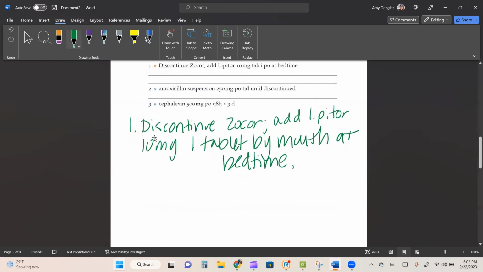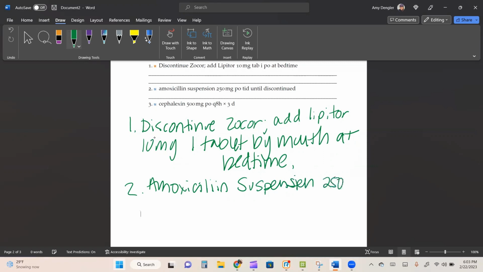And then number two, unless it says like discontinue, we're always gonna state the name of the medication first in med orders. So amoxicillin suspension, 250 milligrams. PO is by mouth.